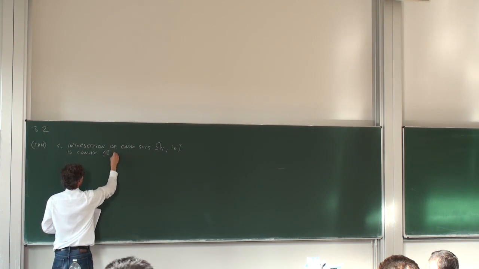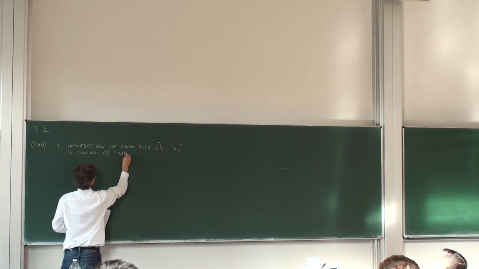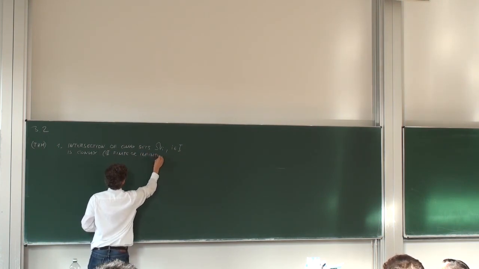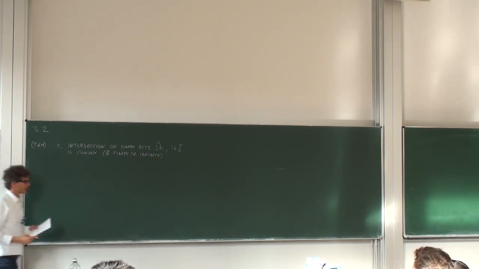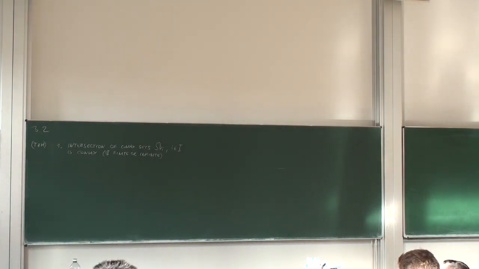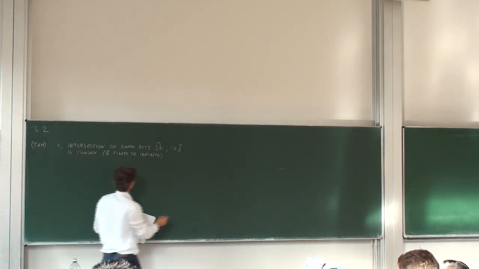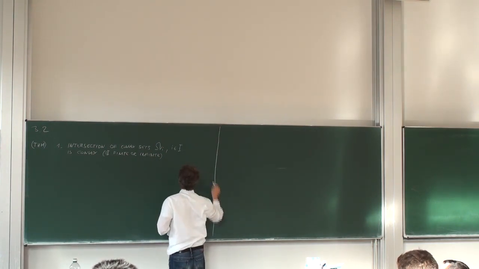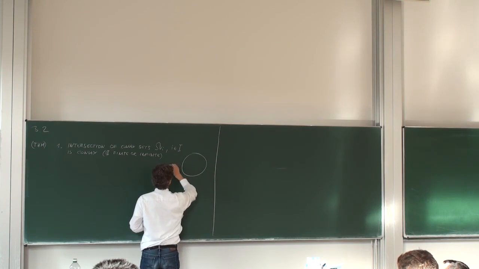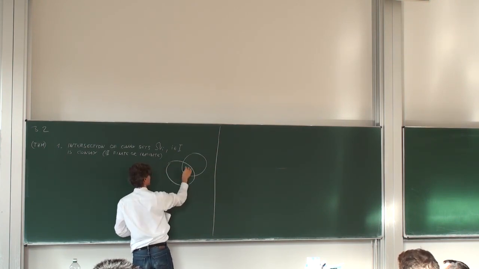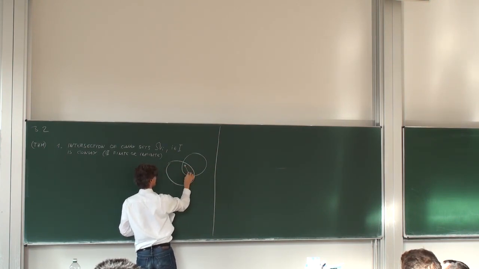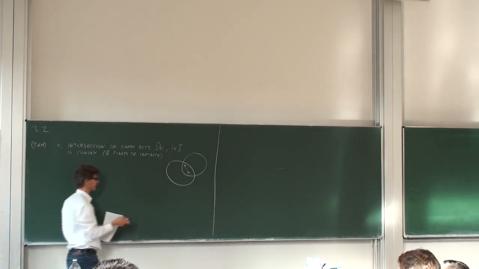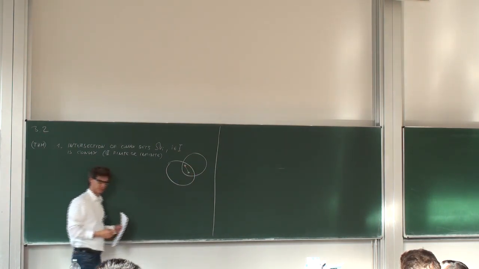I can be finite or infinite. And the proof is extremely easy. I think it's still okay to have one visualization of that. And the visualization I do only for 2 sets. But if you're in the intersection and you take a line, then of course the line will be in both of the sets, and so that means that the line will also be in the intersection. And we have proven it.